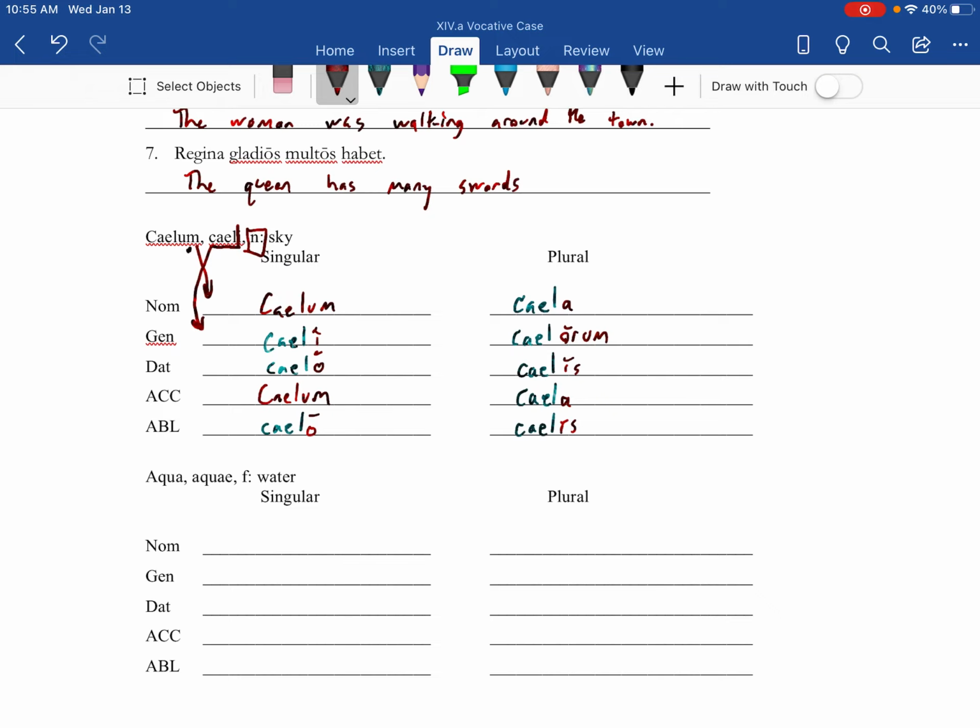Alright. The last one, water. This one goes here, this one goes here. To find my stem, I have to drop the genitive singular ending off, which is AE, and it's going to leave me with aqua.